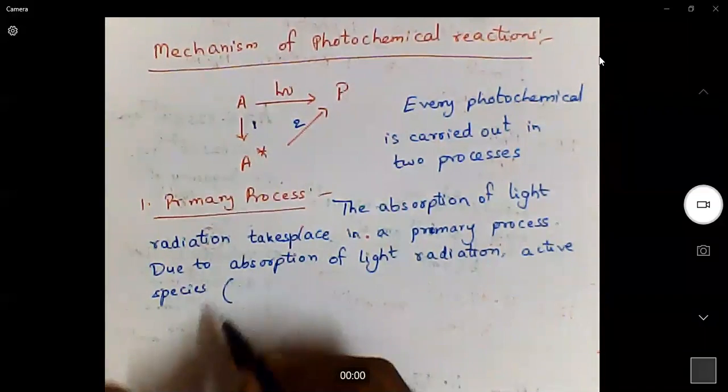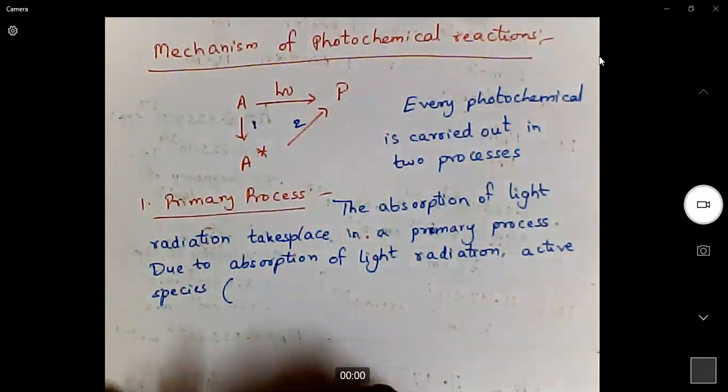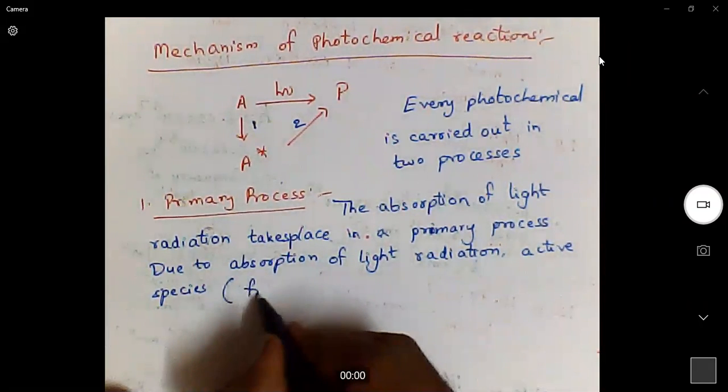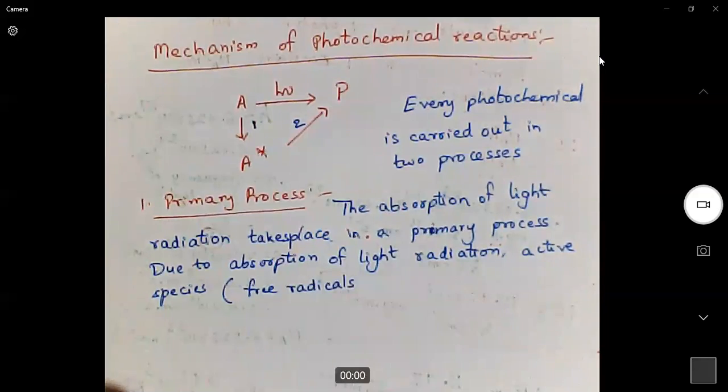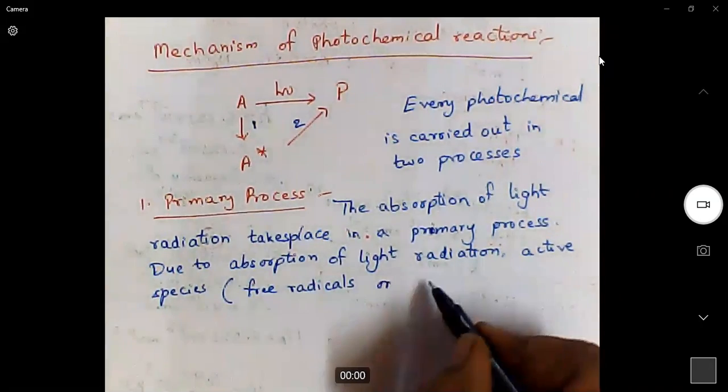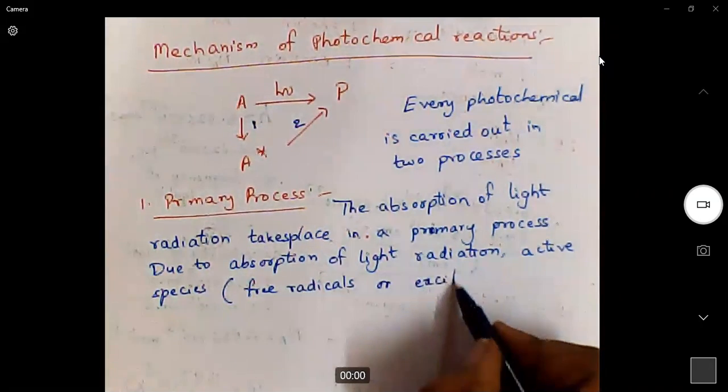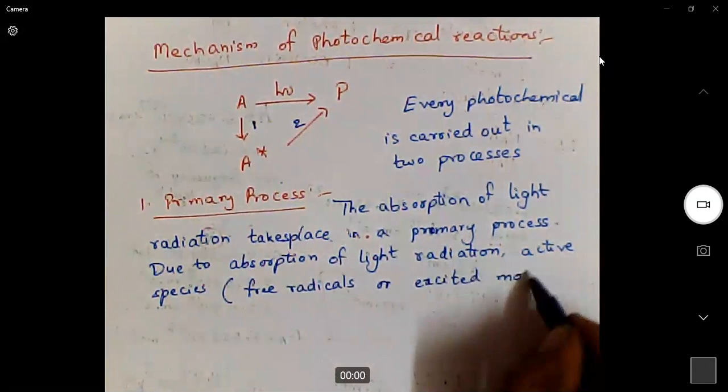What are the active species that can be generated in a photochemical reaction? Generally, it is the free radicals. So when we pass light onto a material, generally an electron will be excited, so it generates free radicals. Mostly it is free radicals in the photochemical reactions. The activated molecules are free radicals, or we also call them excited molecules.